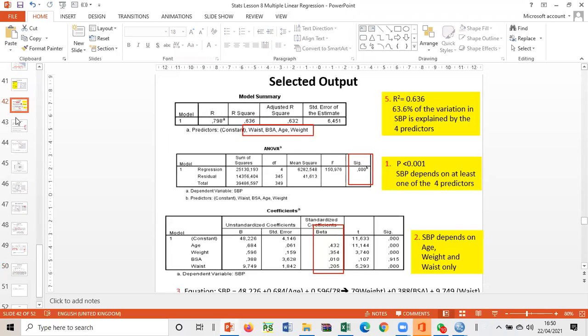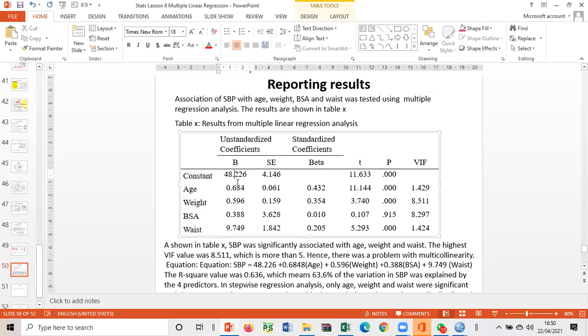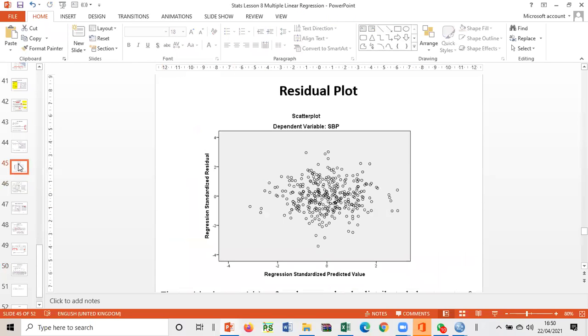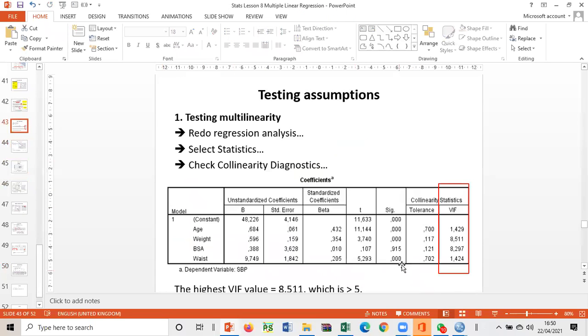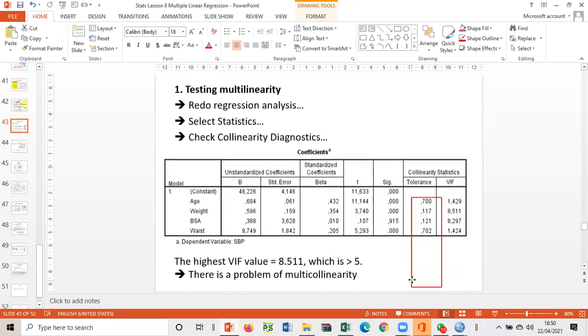Start with enter first. So each variable, write this until VIF. We don't have to show the tolerance. Take this out, don't have to show tolerance, just VIF. Actually either one, but this is more informative. VIF is derived from here, so don't have to show that. Just take this only, okay?